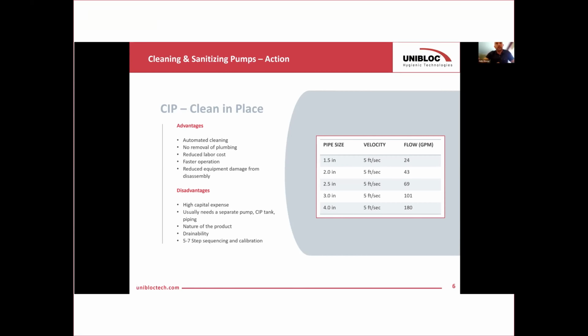We simplified that here to translate it to a flow measurement in gallons per minute, which equals about 24 gallons a minute. So you may have a scenario where a pump is producing 10 gallons a minute of product, but you have to generate more than twice the flow, 24 gallons a minute, to reach the velocity required to clean out the system. That's why, in most cases, you need an additional pump or a booster pump to create that extra flow.